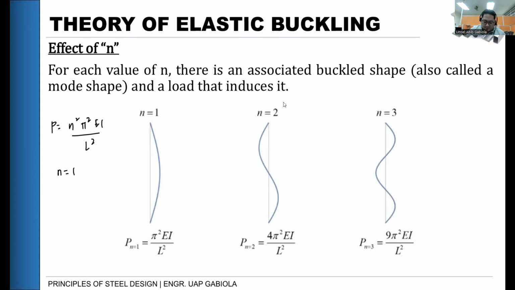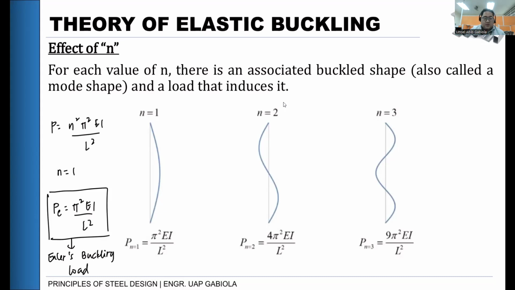So, ang magiging formula natin for P is equals to pi squared EI over L squared. And this formula, actually, nilagay lang siya ng sub-e dito. Ito na yung tinatawag nating Euler's buckling load. Okay? So, ito na yung Euler's buckling load na tinatawag.